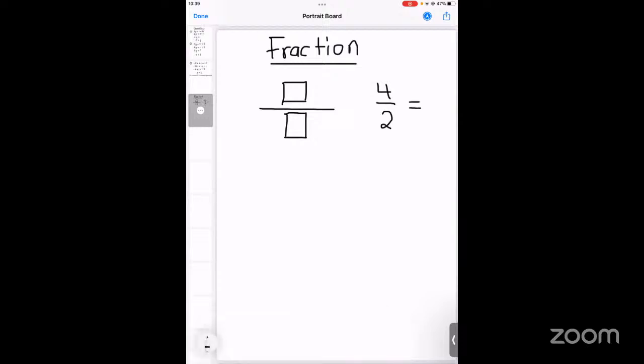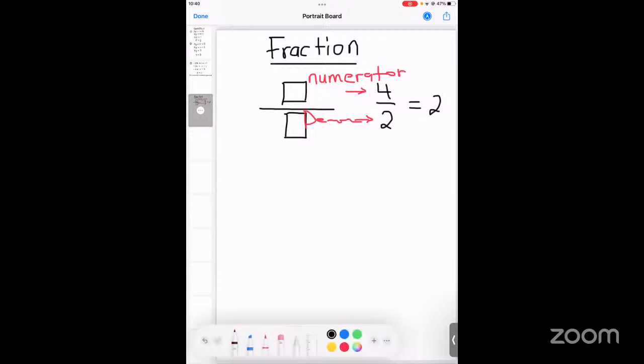It equals 2. Yes, 100%, it equals 2. So this number at the top, we call it a numerator. I'm not sure if you were aware, Manahil. Yes, sir, I know. The bottom one is called the denominator. 100%. The bottom one is called the denominator.